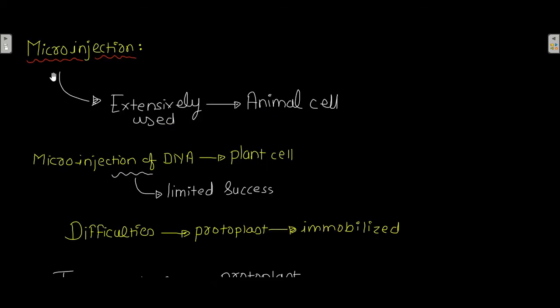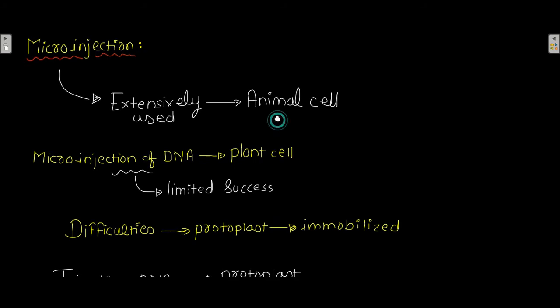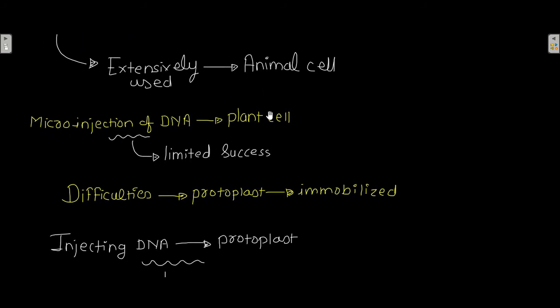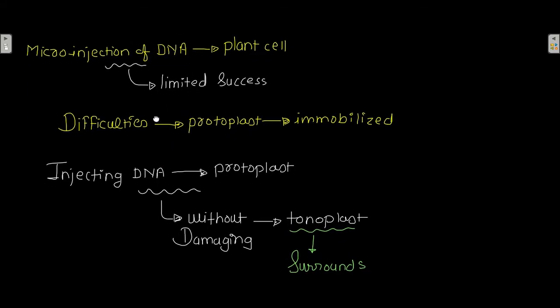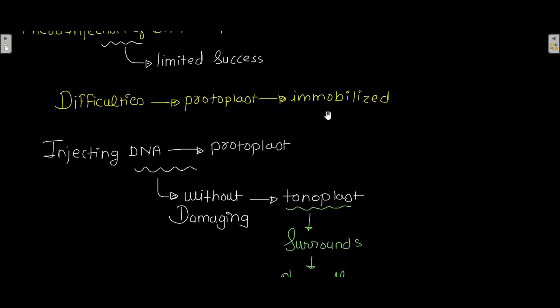Now let's talk about microinjection. This is another physical method by which you can inject your DNA into the plant cell. This microinjection is extensively used in the case of animal cells, but it has limited success with plant cells. This is because it is difficult to immobilize your protoplast.